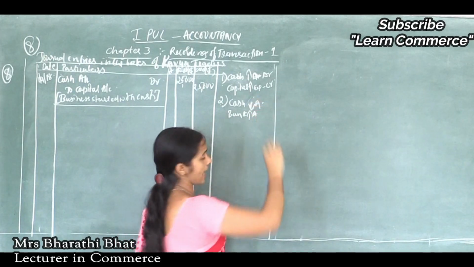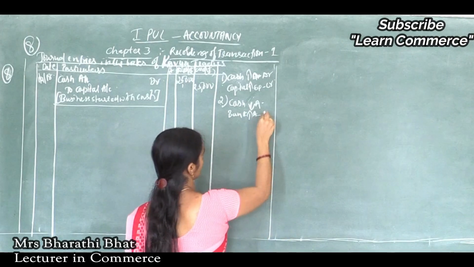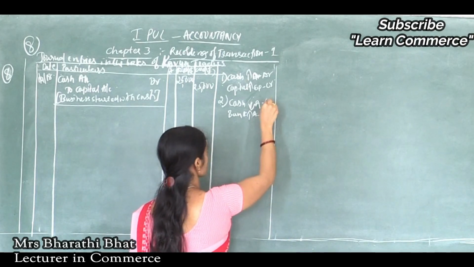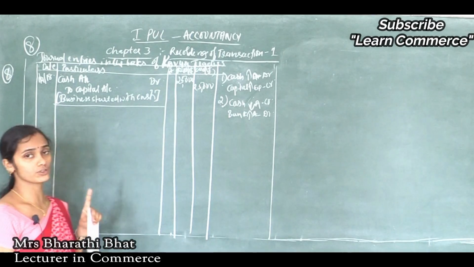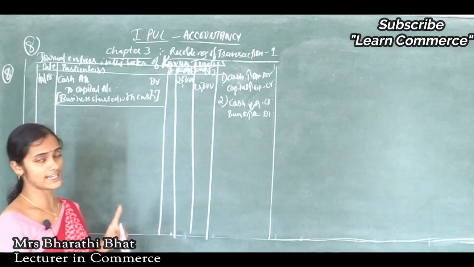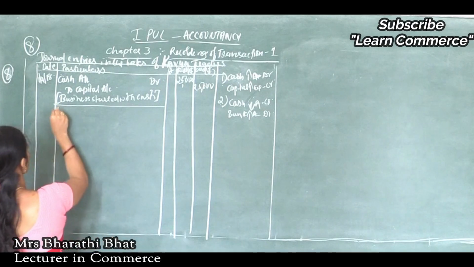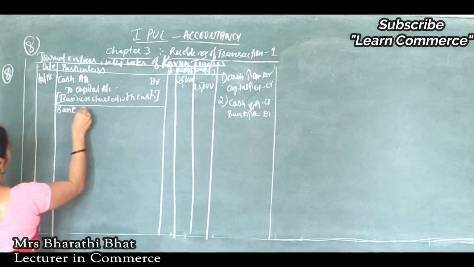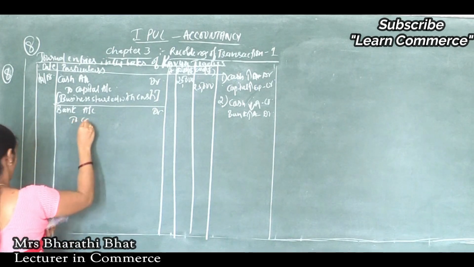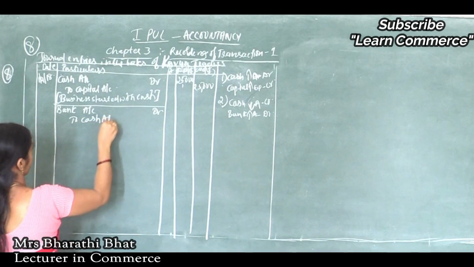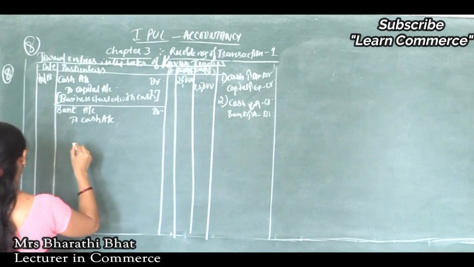According to the rules of asset, increase in asset is to be debited and decrease in asset is to be credited. What should we do now? We should record the debit aspect in the first line. Which account is debited? Bank account debited to cash account.